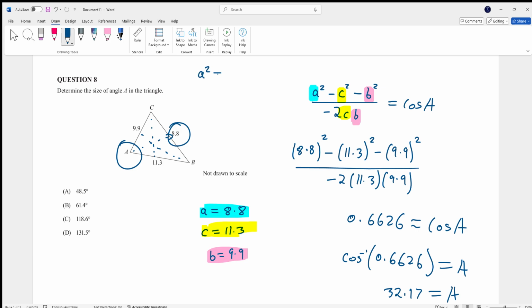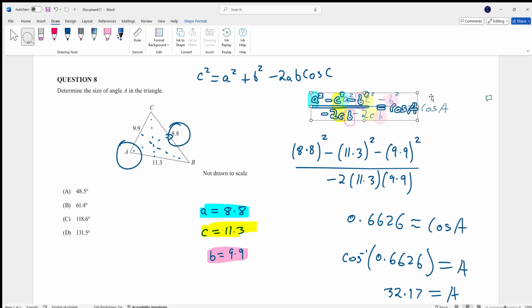So I'll just write the normal one first. c squared equals a squared plus b squared minus 2ab cos c. When I swapped this stuff around, always double check this because this can happen.